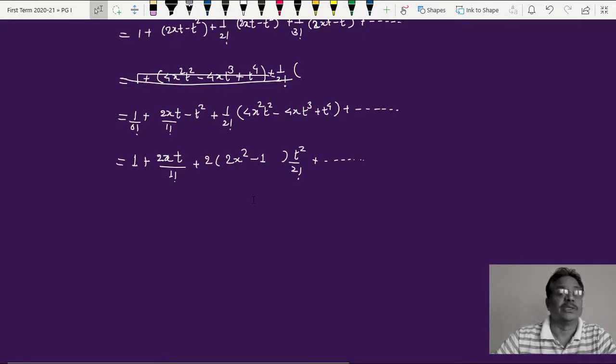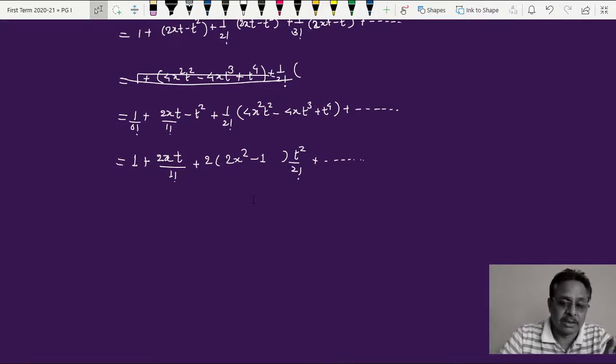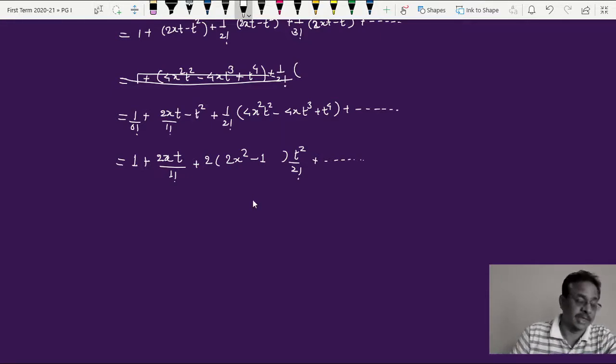So this expansion you can check, you can go for actually solving this. That is how to get terms t raised to 0 together, t raised to 1 together, t raised to 2 together, t raised to 3 together, and then you can get this type of series. That is my equation number 2.